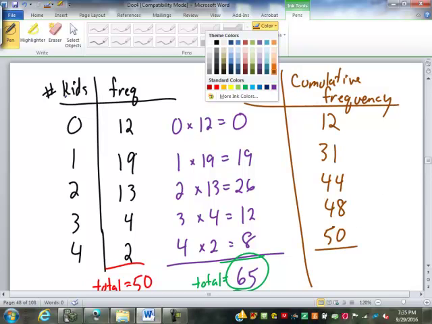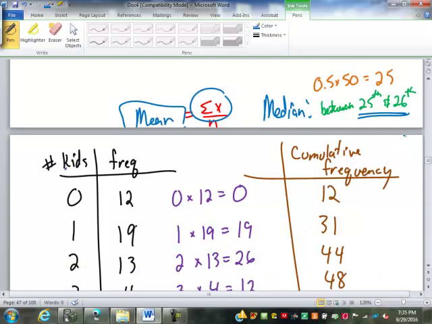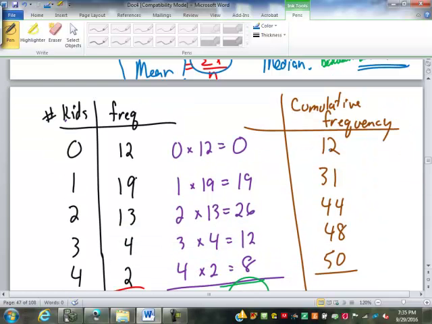What this cumulative frequency is saying is how many are at or below that value. Well, I can use that to find my median. My median is between the 25th and 26th value. Well, there's 12 zeros. It's not in there, is it? But there's 31 numbers that are at or below 1, aren't there?